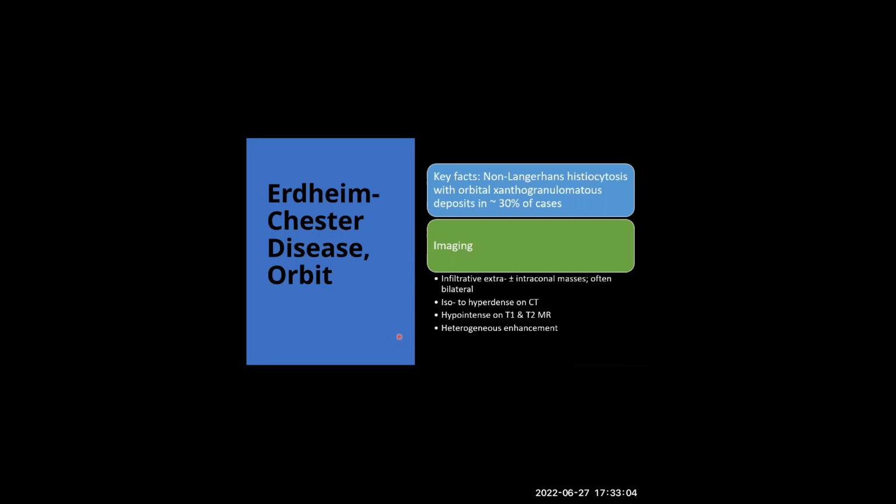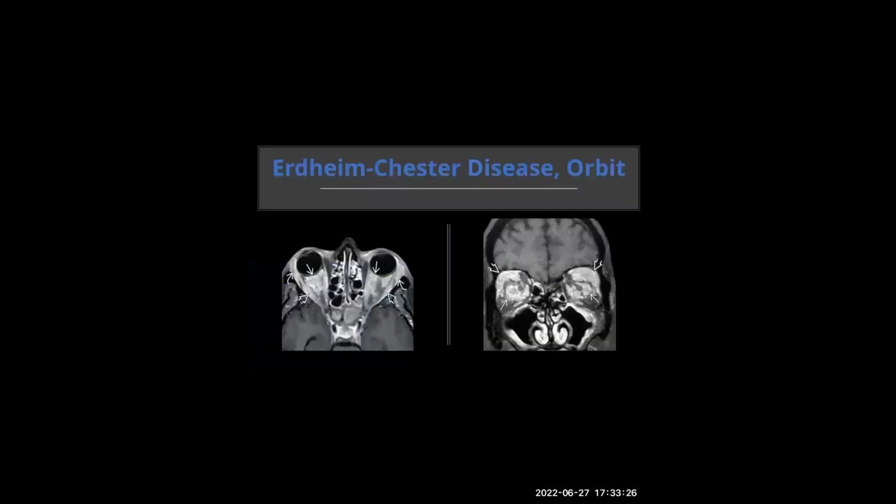Infiltrative disease, iso to hyperintense on CT, hypointense on T1 and T2. This is granulomatous, with heterogeneous enhancement. So we also have a characteristic MRI finding. It is hypointense in T1 and in T2, and this is the post contrast. You'll find it involves everywhere.